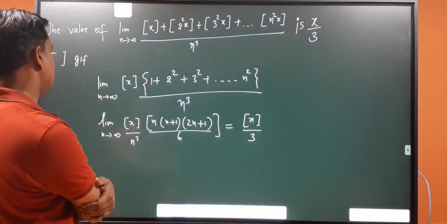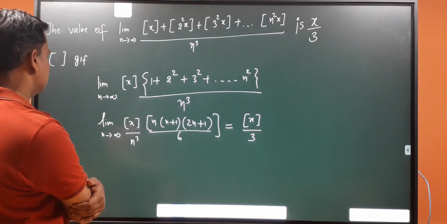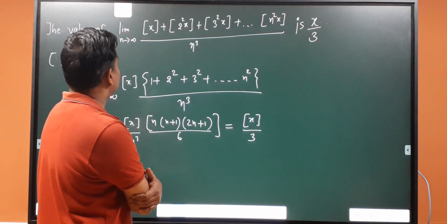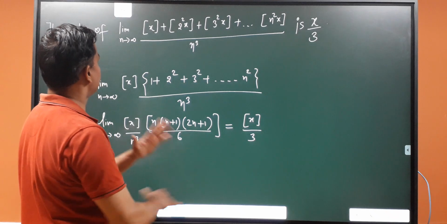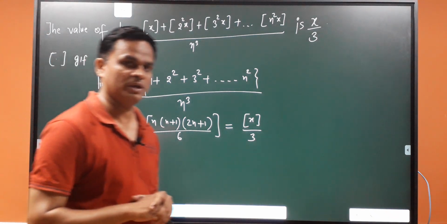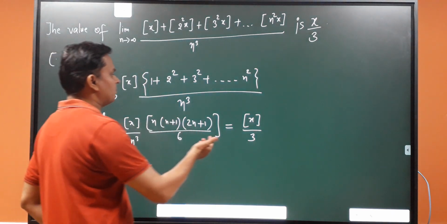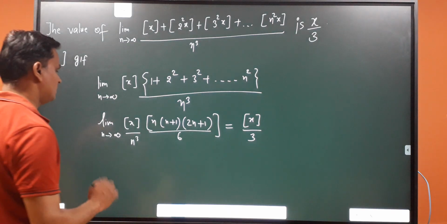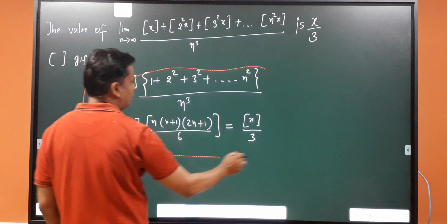That means somewhere this question wants us to think that when the value of n goes higher and higher, we have to get rid of the greatest integer function. In objective type many students might be tempted to just take this particular option from here, but I will proceed in another way because I have to teach you.